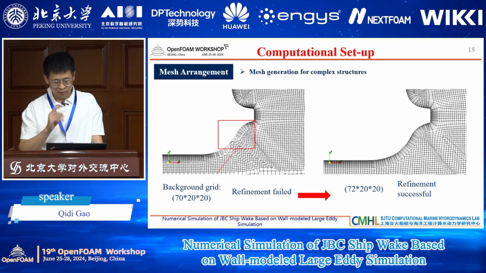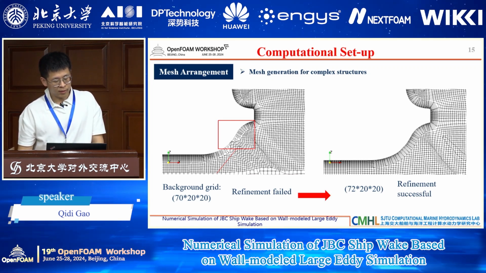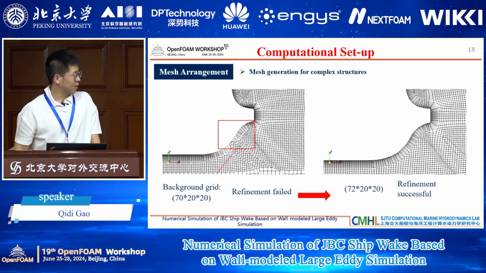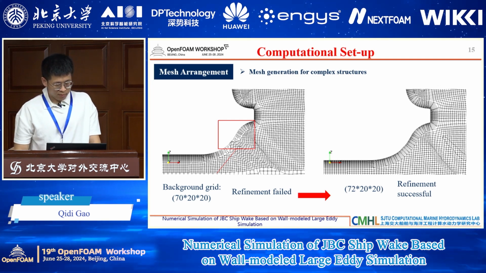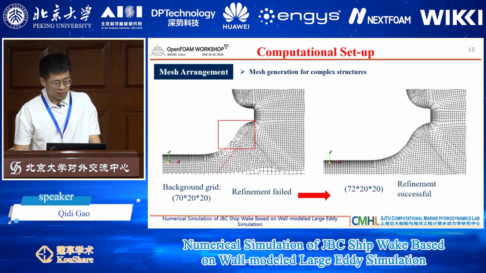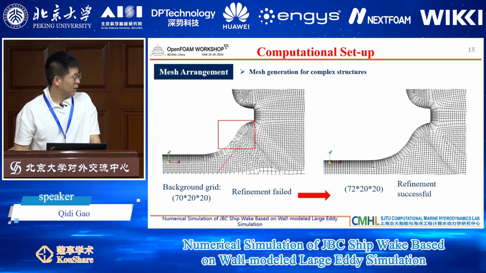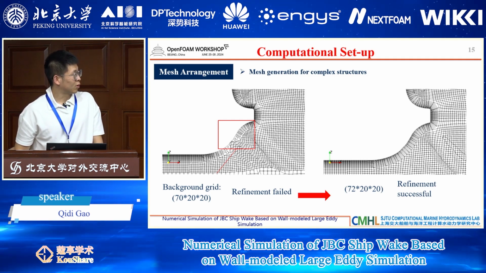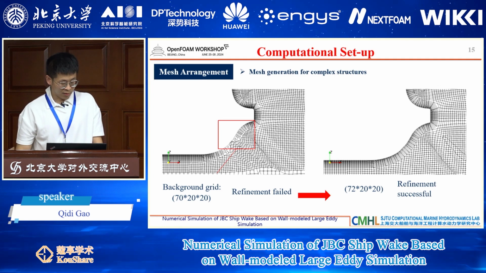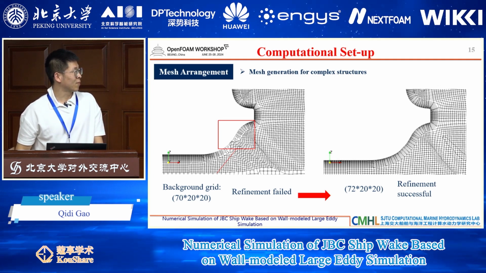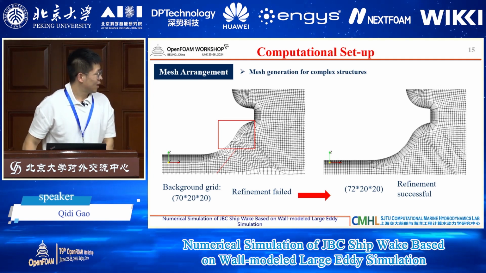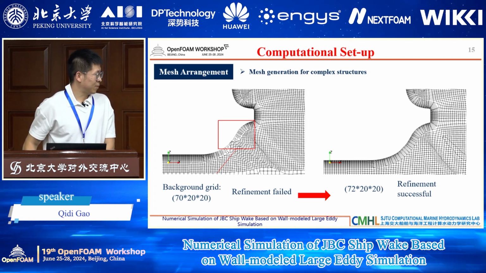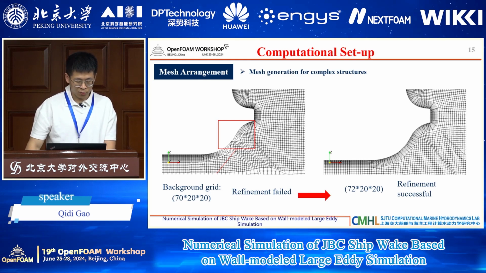In the meshing, we ran a lot of tests. At the beginning, we set the background grid to 70 by 20 by 20. We wanted a cubic grid, and we thought it could give good mesh quality, but as you see, when the background grid is set like this, the refinement mesh is not good enough.